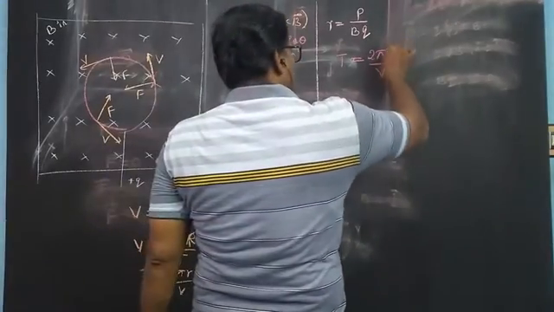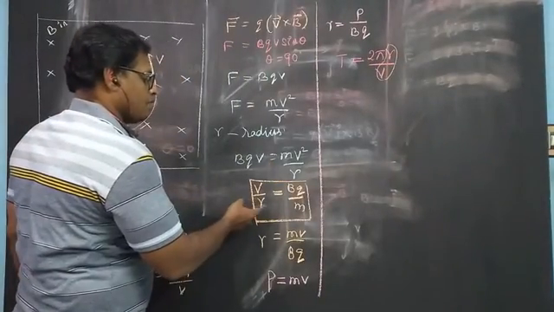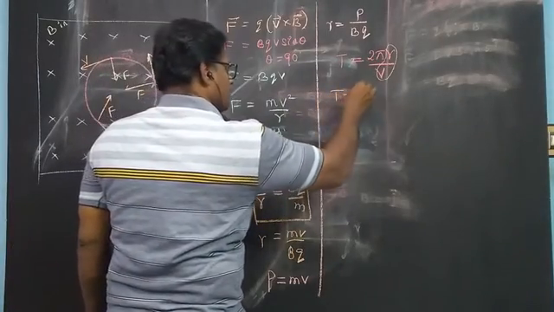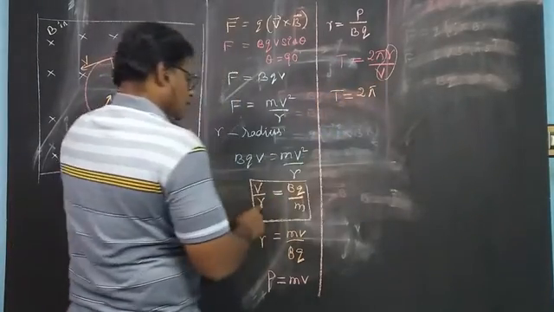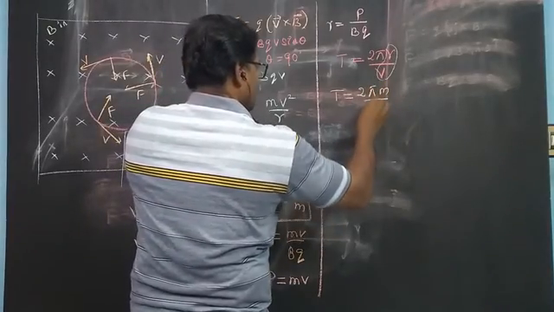You know the value of r by v. Here we have v by r, so r by v means you take the inverse. So T is equal to 2 pi r by v, which means 2 pi m by bq.